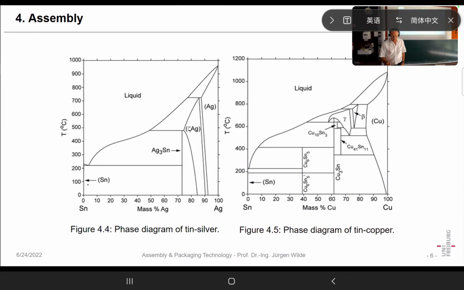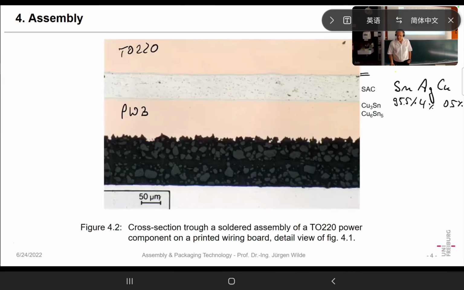We see when we have a composition like here, we have tin plus silver-3 tin. And so we can expect, going to that image, that is probably silver-3 tin. So in that way, before doing a microanalysis, we just go into the diagrams, and at least for binary systems, we can have an estimation what is there.